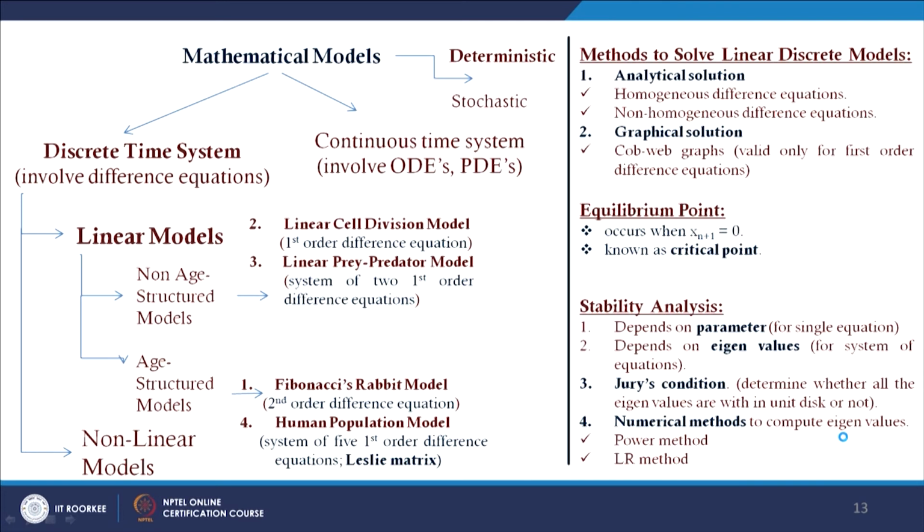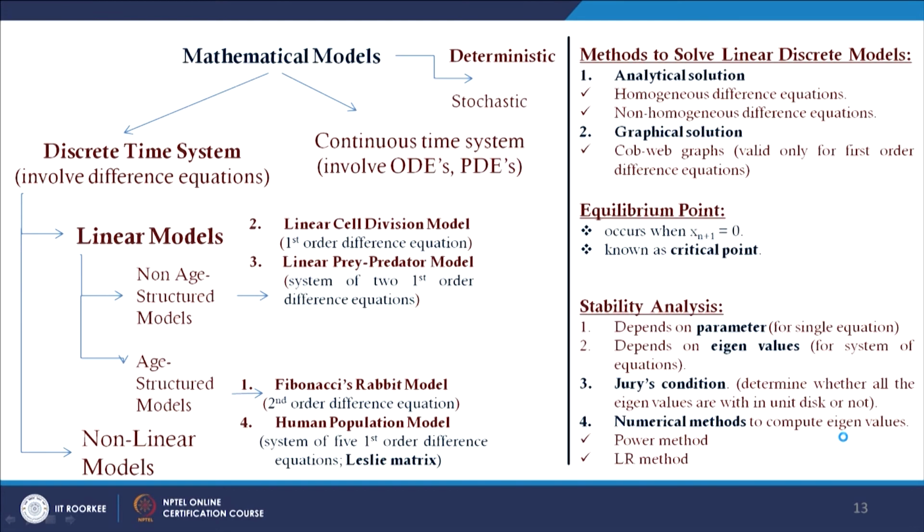First is the discrete time system, which we discussed in the previous lectures, and then the continuous time system, which includes ODEs and PDEs, that is ordinary differential equations and partial differential equations. The discrete time system involves difference equations.